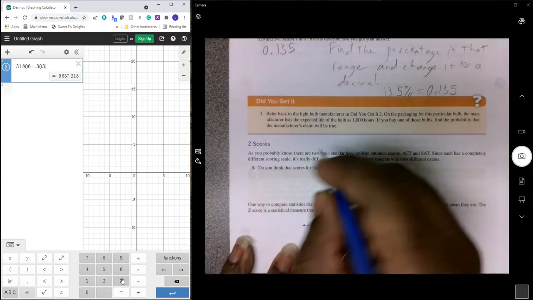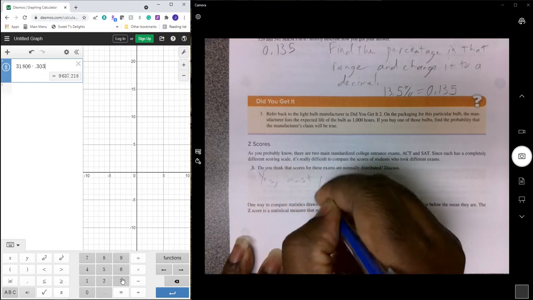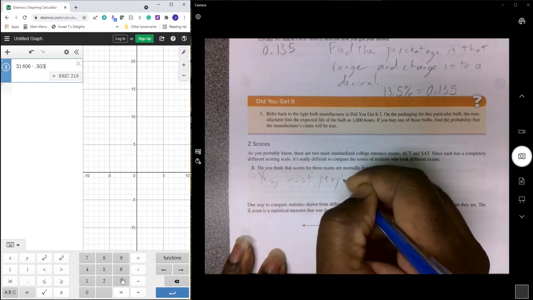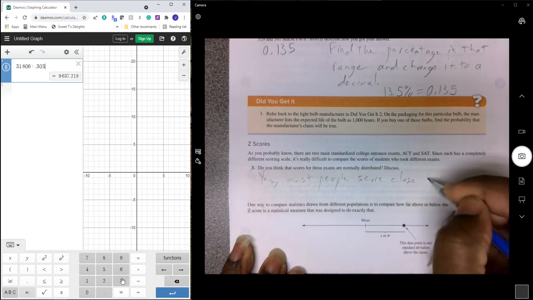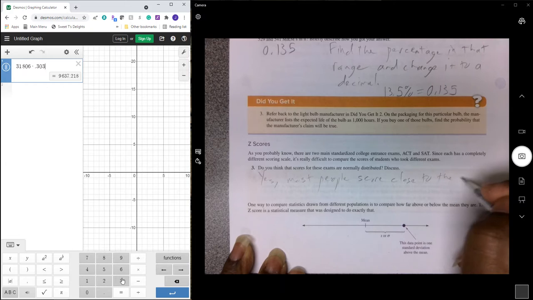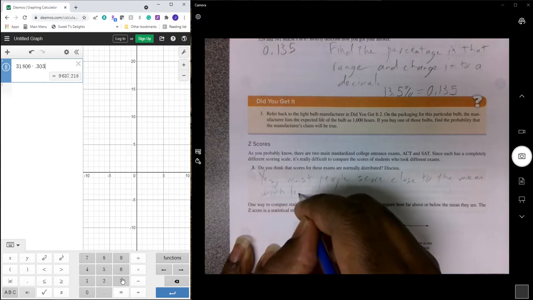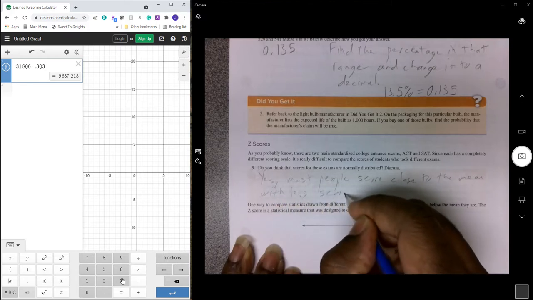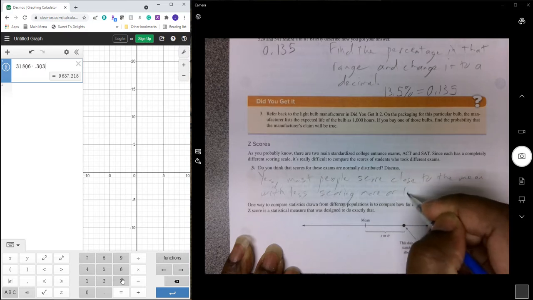And I would have to say yes. Most people score close to the mean, with less scoring more or less than the mean.